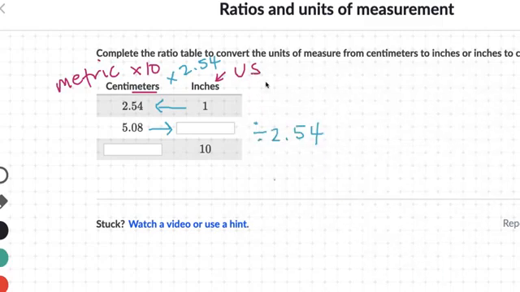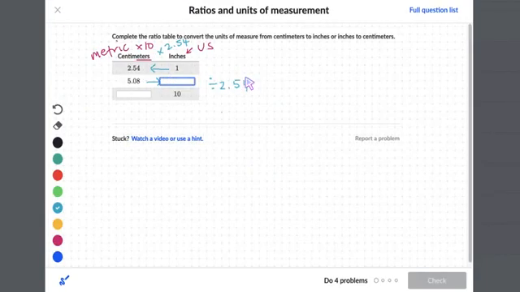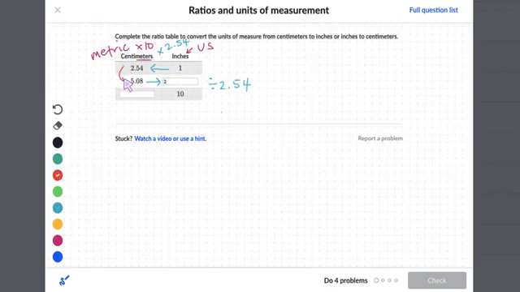So that looks like it was just twice the amount. So I'm thinking to myself, if that's just twice, I'm wondering if 2.54 times 2 would give us 5.08, just like how 1 times 2 would give me 2. So let's try that out.